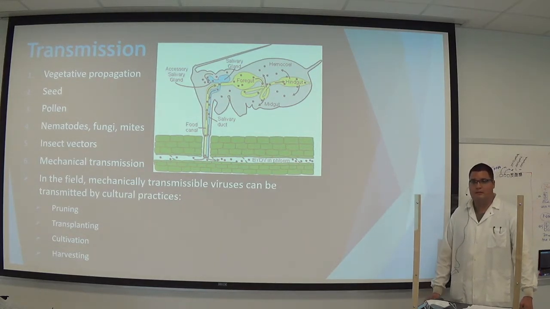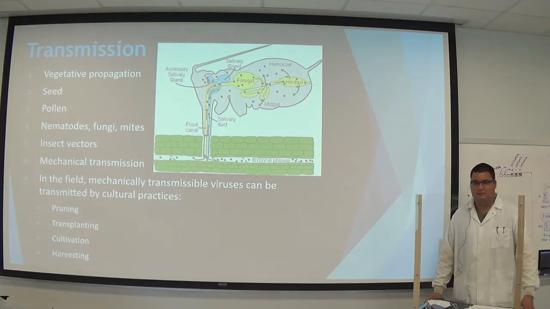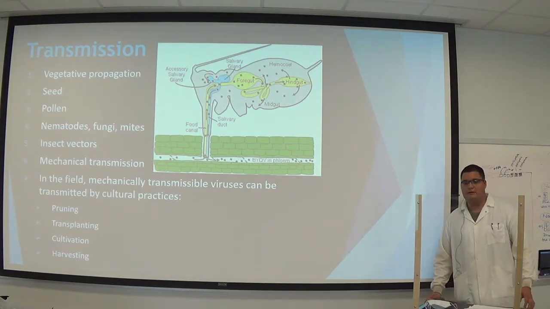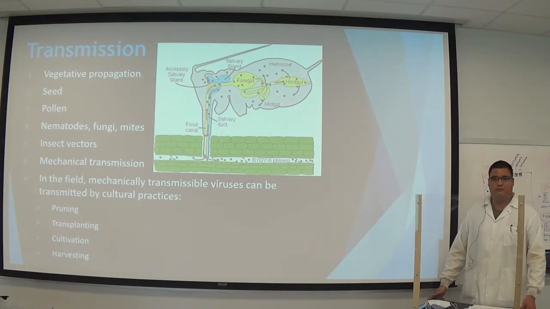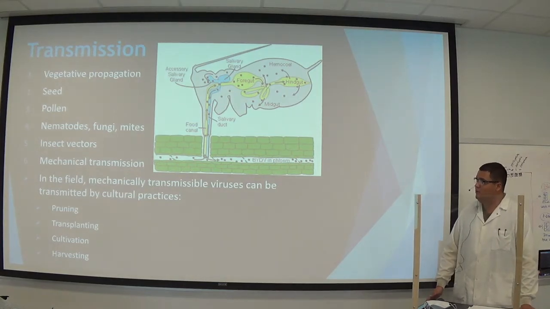So, for example, certain species of plants can reproduce themselves by budding, and if that plant's infected, the buds it produces can also contain virus and grow into a plant that's infected and produce even more virus. Or the seeds of a plant can also be infected with the virus, and simply planting the seed will start the infection process.